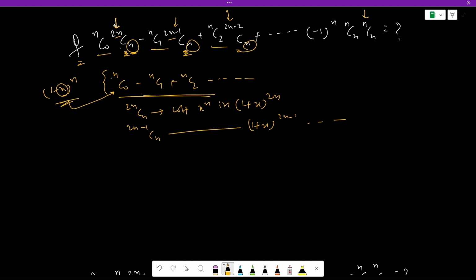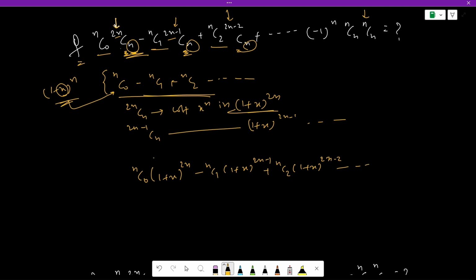So what we can write, this is nC0 into 1 plus x raised to the power 2n, minus nC1 into 1 plus x raised to the power 2n minus 1, plus nC2 into 1 plus x raised to the power 2n minus 2, and so on.